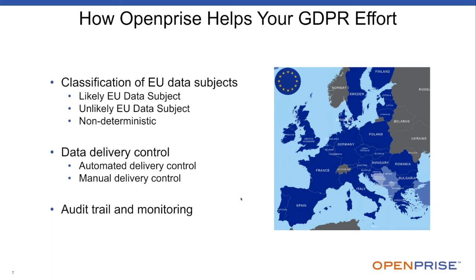Of course, without an audit trail of who you have shared this data with in the past, that becomes very difficult, if not impossible. So with all the detailed logging and the reports that we provide you, that becomes pretty straightforward.